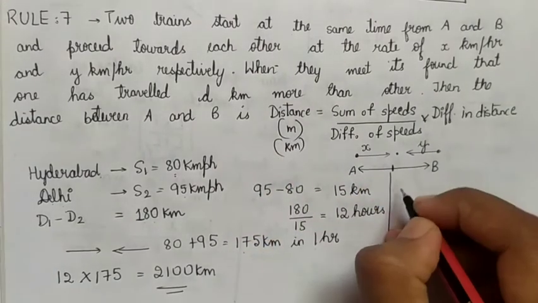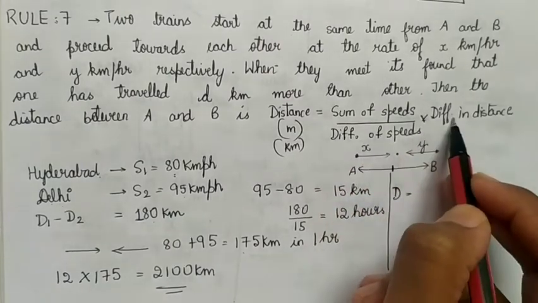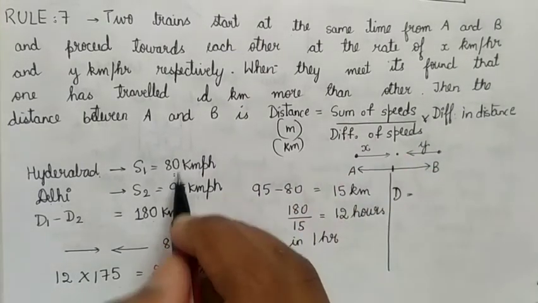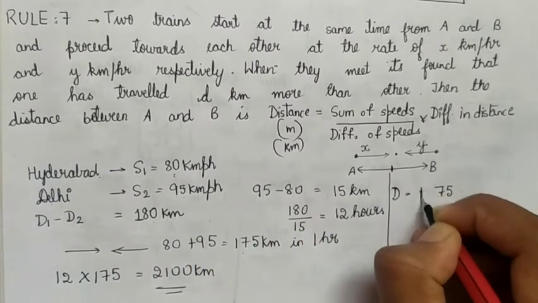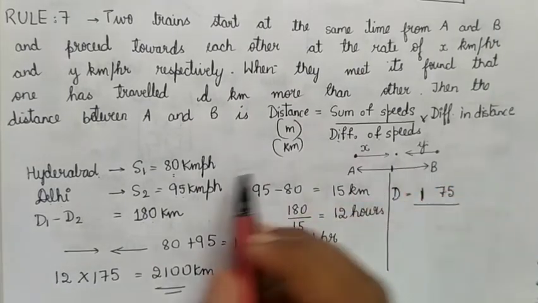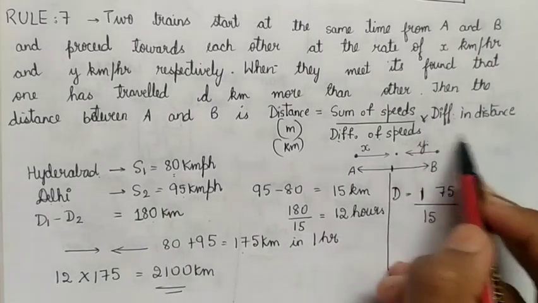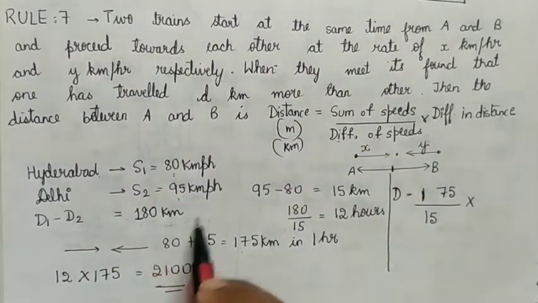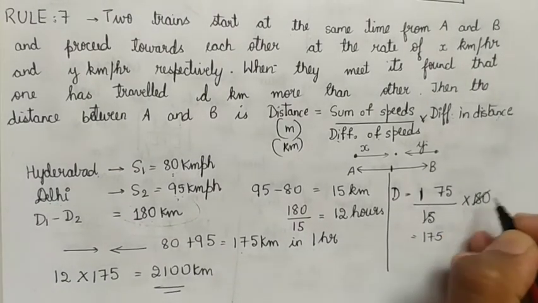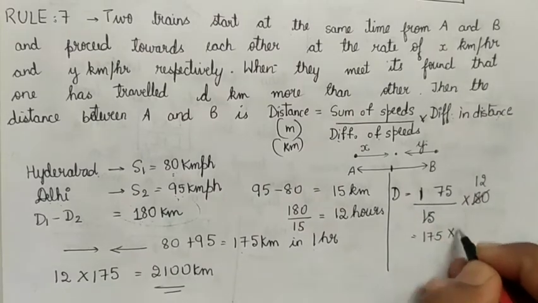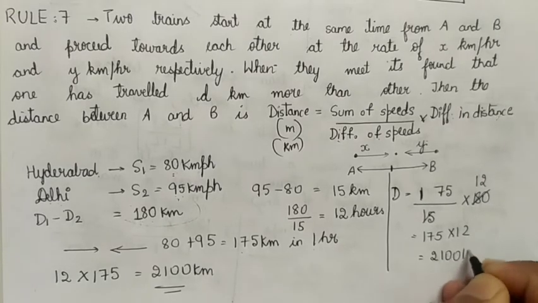The distance equals the sum of their speeds by the difference of the speeds, into the difference in distance. The sum of the speeds will be 80 plus 95, 175, divided by the difference of their speeds, which we have already found is 15, into the difference in the distance, that is, how much more it has covered, 180. 175 into 12 gives me 2100 kilometers again.